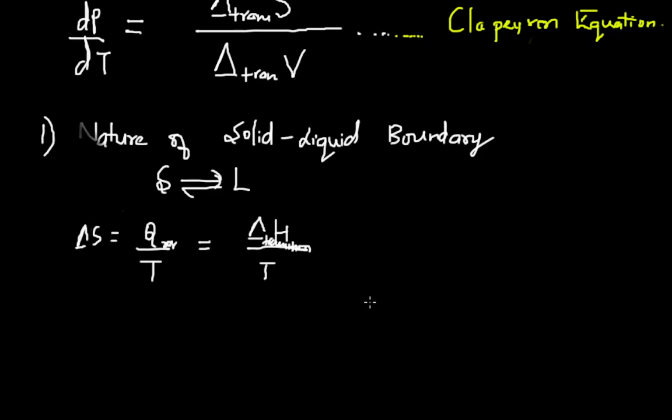Your dP by dT is given by transition entropy divided by transition volume.